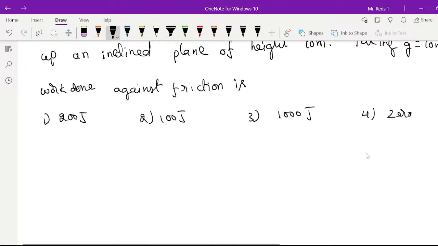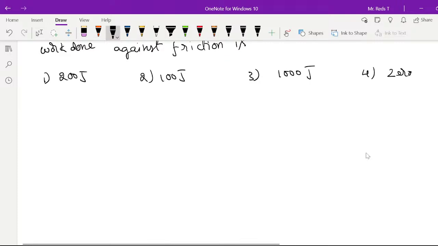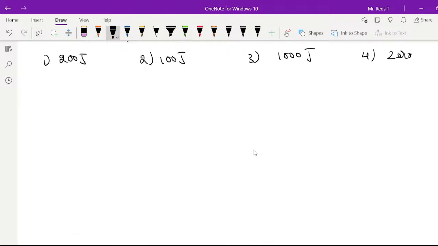Yeah, so how to understand this? Try to draw a pictorial representation for the given data, then you will understand a little more clearly. So what is given is there is an inclined surface, and the angle of inclination is theta.